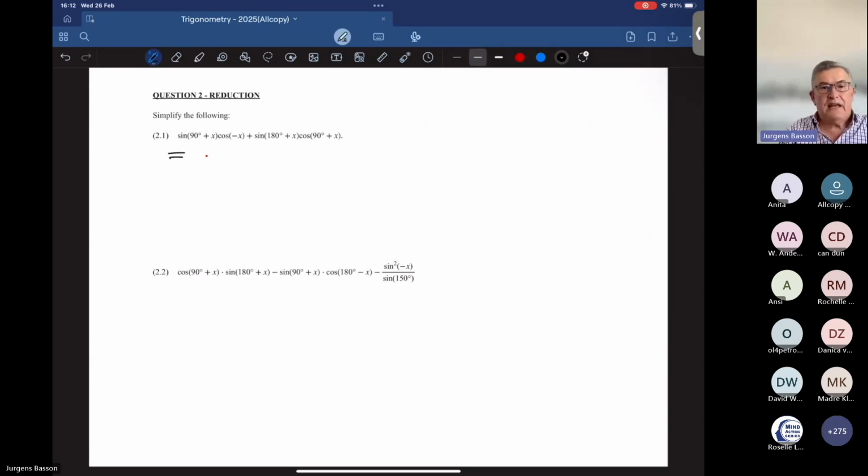Sine of 90 plus, second quadrant, sine is positive, and it becomes the cos of x. Now again, because there's multiplication, I like to use brackets. Cos of minus x is the cos of x. Remember, we said they must know those. And then plus the sine of 180 plus, third quadrant, sine is negative. And then cos of 90 plus.